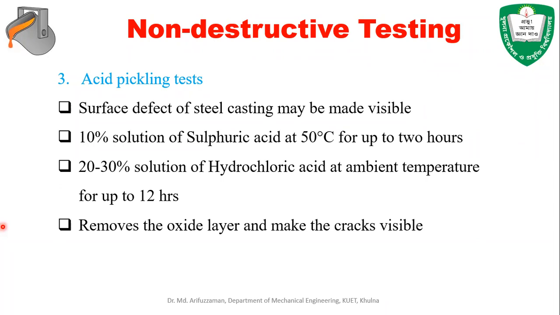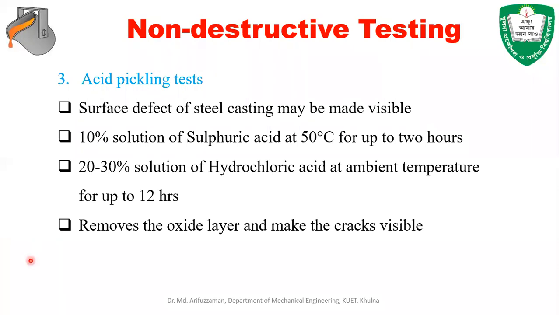If the microstructure is visible using the acid pickling test, we can visualize the crack also. Okay, on the material surface, you just finish it up and then apply a certain acid for a certain material, and when you apply that, then you will be able to visualize the cracks, and the crack will appear like this.